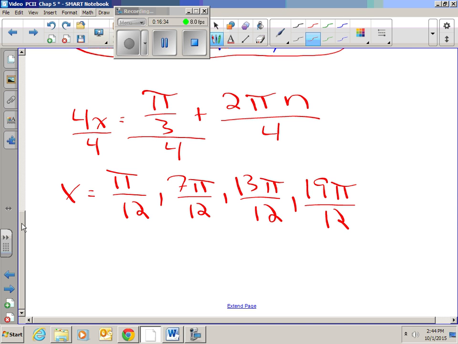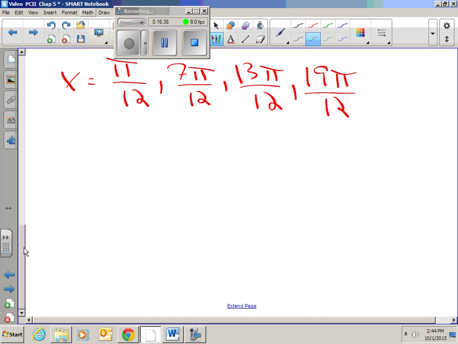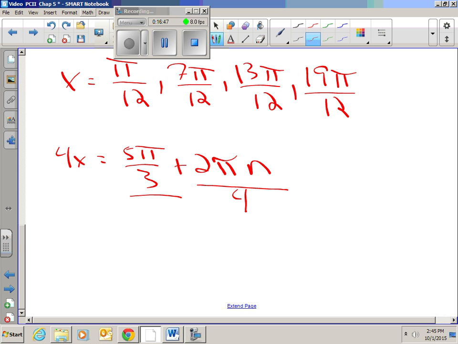If I take my 300, which we said was 5 pi over 3, so 4x is equal to 5 pi over 3 plus 2 pi n. I'm going to divide both sides by 4. x is equal to 5 pi over 3 divided by 4, which is 5 pi over 12. And I'm going to add my 6/12 pi once again, which is 1/2 pi.